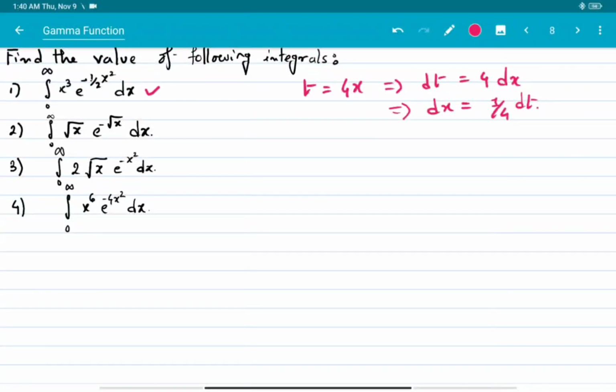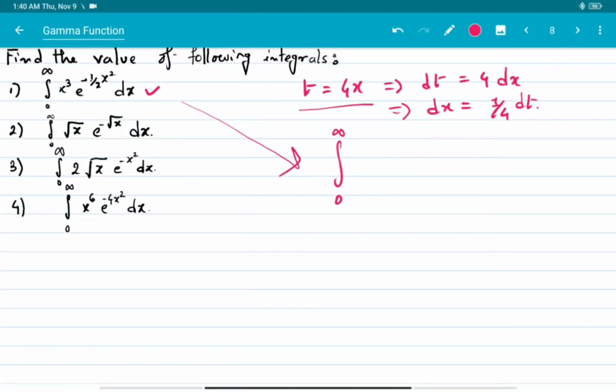Now in our integral we'll do the substitution. The limit will be 0 to infinity, so you can check it from here.